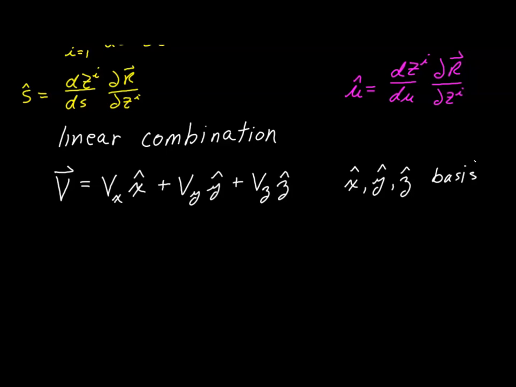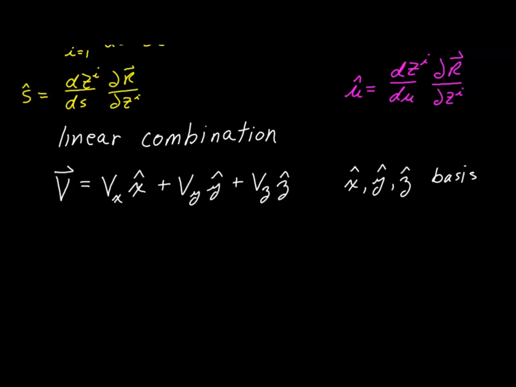And a basis is simply any set of three vectors, or in n-dimensional space it would require n vectors, but three individual vectors that are linearly independent. Vectors are linearly independent if it is impossible to express any one of them in terms of the others.